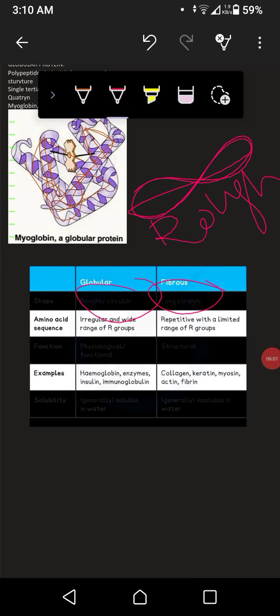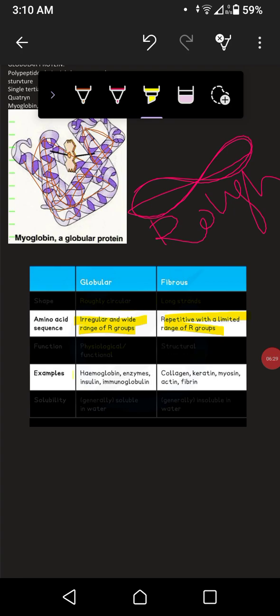Then if we talk about the amino acid sequence, globular has an irregular sequence with a wide range of radical groups, and fibrous is repetitive with a limited range of radical groups. If we talk about the function, globular has a physiological and functional role, and fibrous has a structural function.